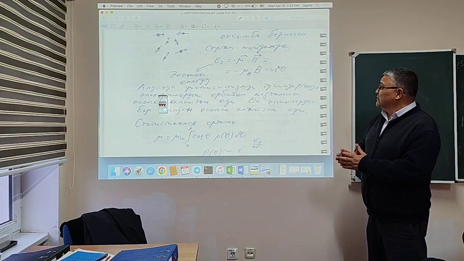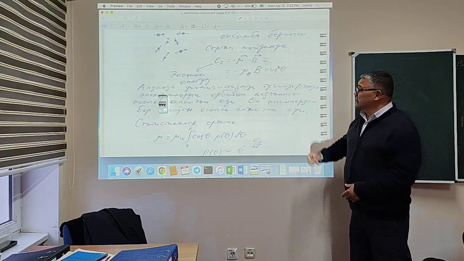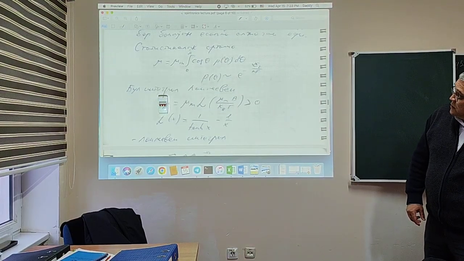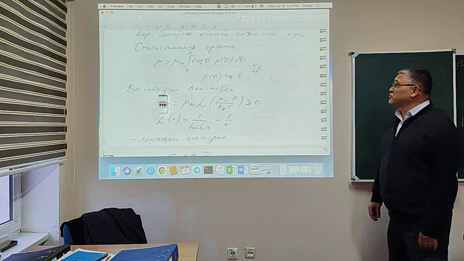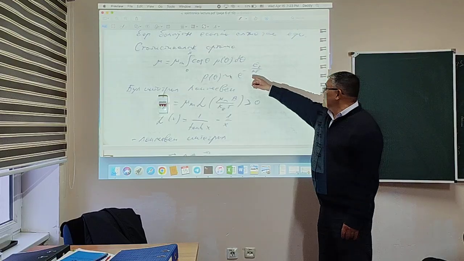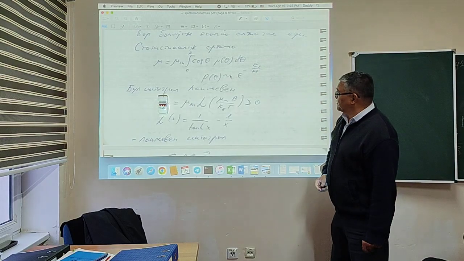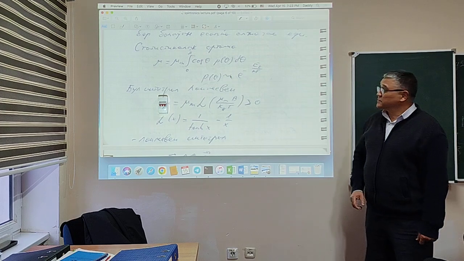Since they will have different theta angles, we can find the average mu using this equation here, where P is the Boltzmann distribution function, which has the factor e to the power of E_Z divided by T in the exponent.